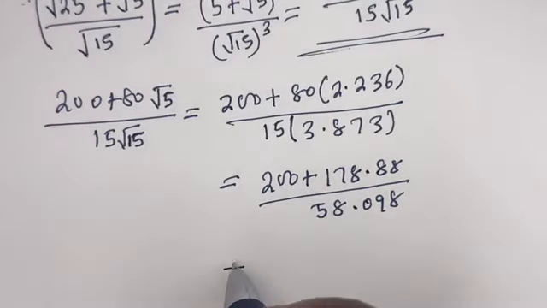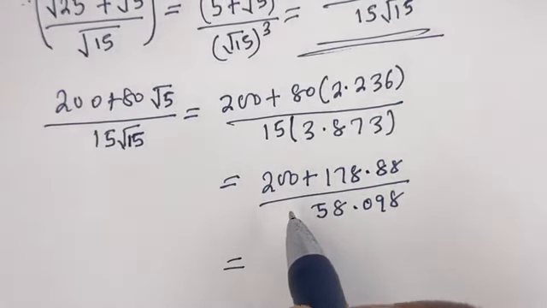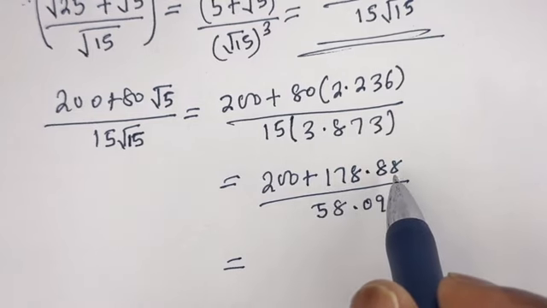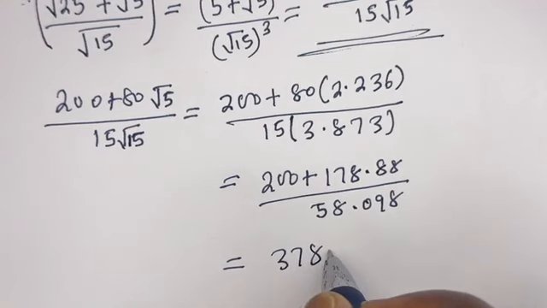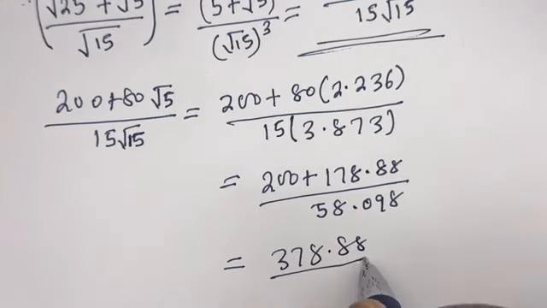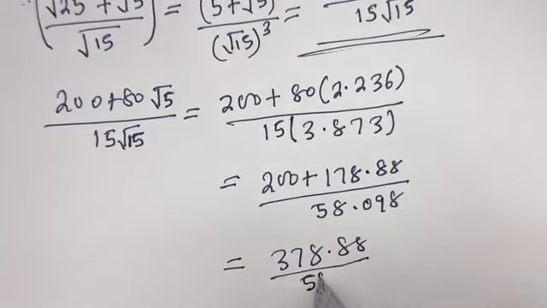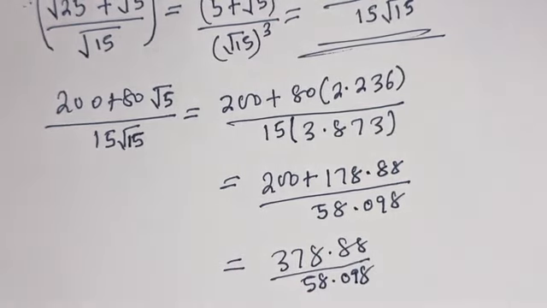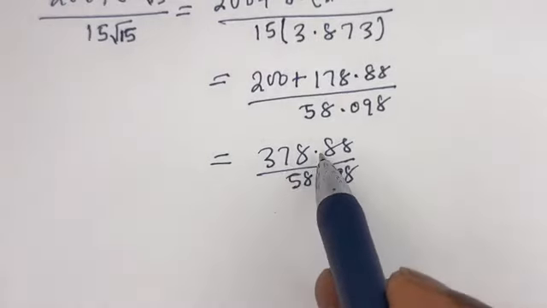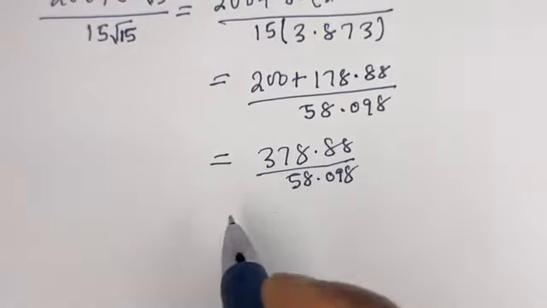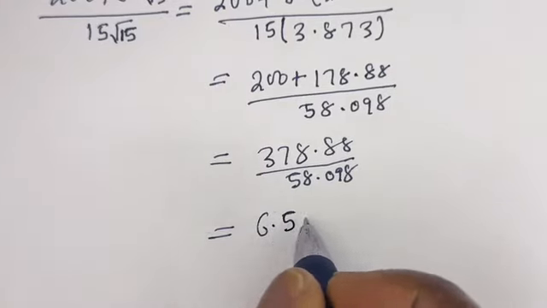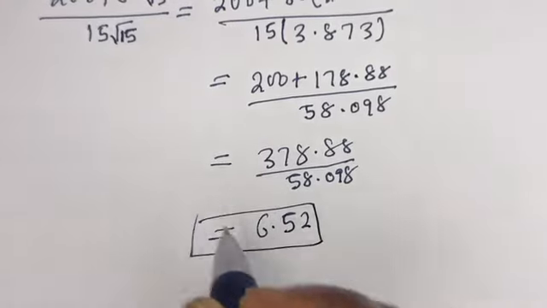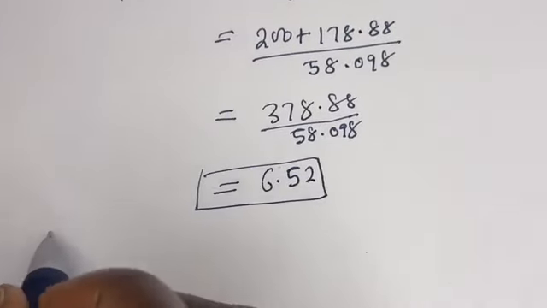Then this is equal to 200 plus 178.88. That is 378.88 divided by 58.098. And if you divide 378.88 by 58.098, this will be equal to 6.52.